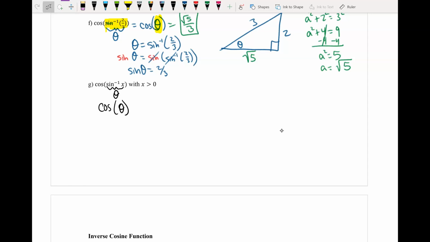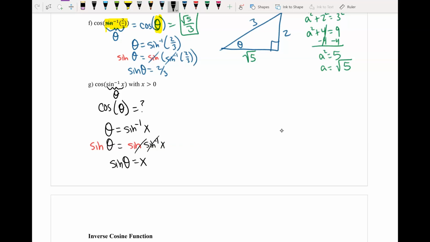Now I know that theta was equal to sine inverse of x. This is what we set it equal to. So I'm going to apply a sine to both sides. The sine is going to go away, so we got sine theta is equal to x.